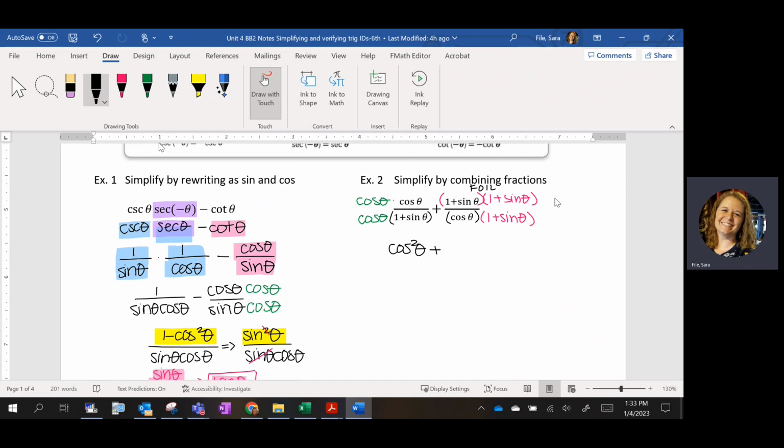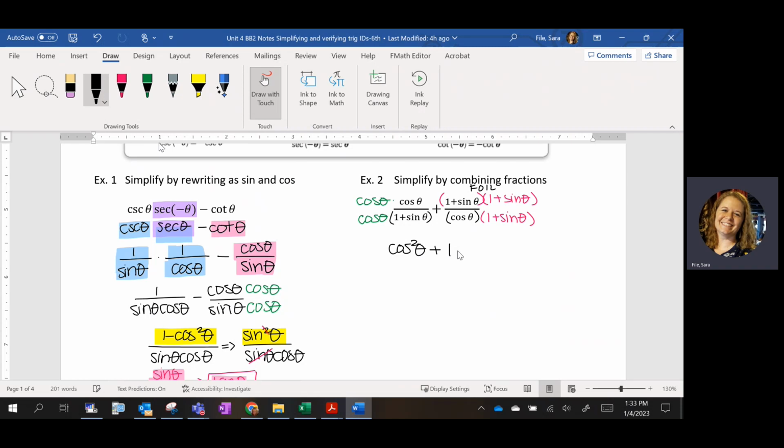I could do it that way, and I would have to multiply the other side by the conjugate of the denominator. So I know what you're thinking, and yes, but it would be a little more complicated doing it that way. Okay, so over here, if I FOIL out this numerator, I'm going to end up with a 1, a sine, so 2 sine, and then a sine squared.